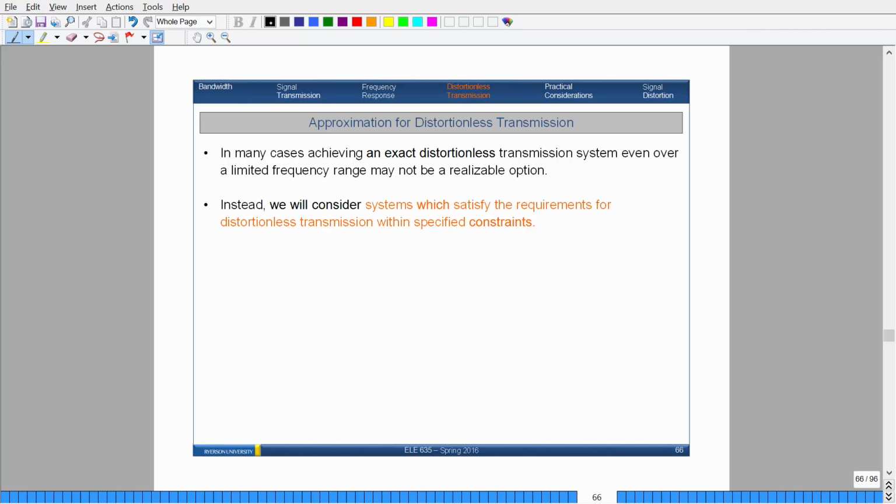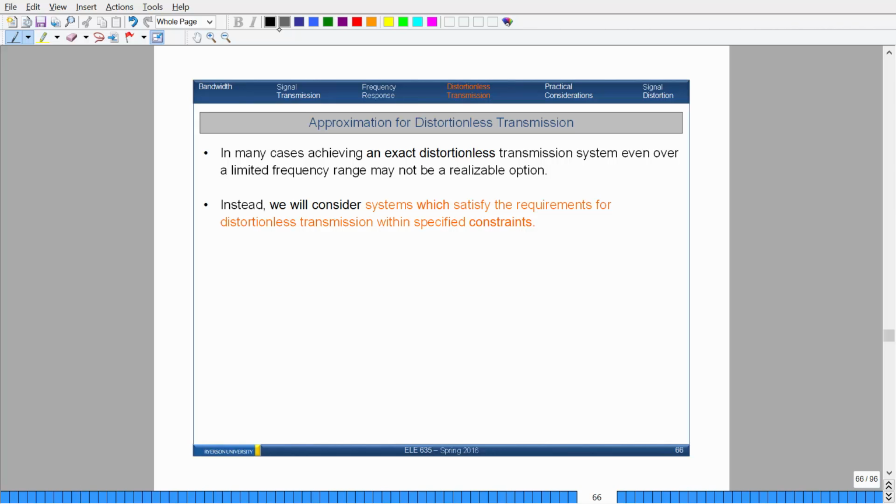So what you'll do instead is apply the distortionless criteria, but within some tolerance. Instead of making the frequency spectrum flat between a certain frequency band with a linear slope, you want to make sure that the magnitude only drops by a certain amount between the actual frequency bands. So instead of a constant flat spectrum, it only drops by a certain amount, which is a little more realizable.